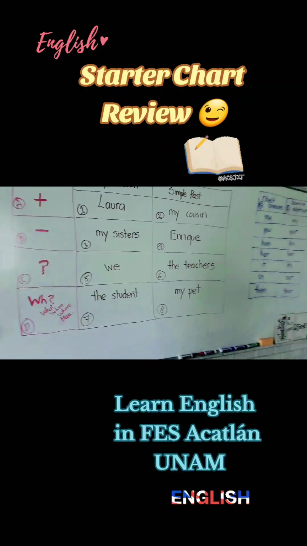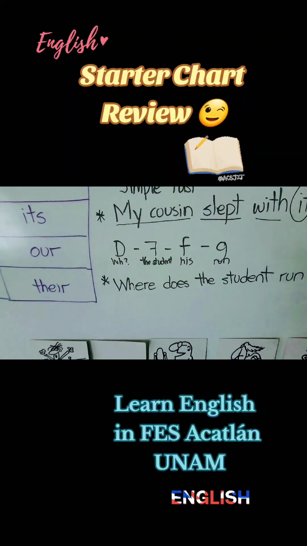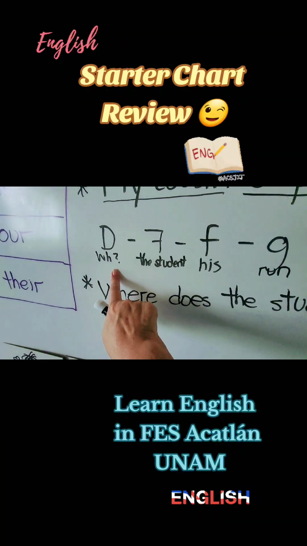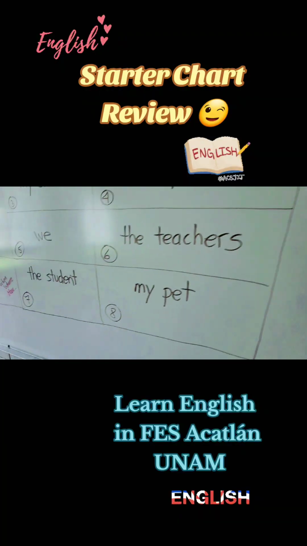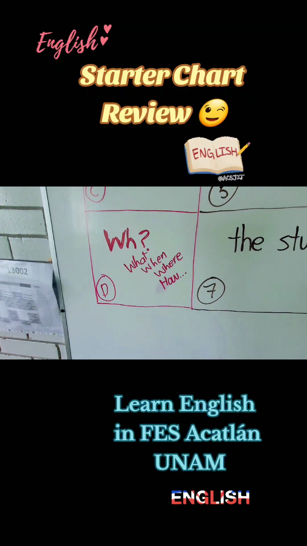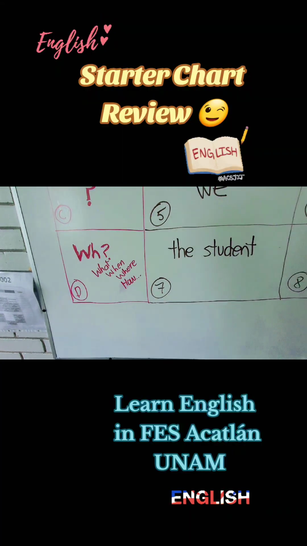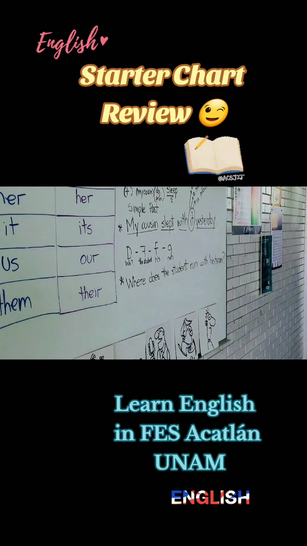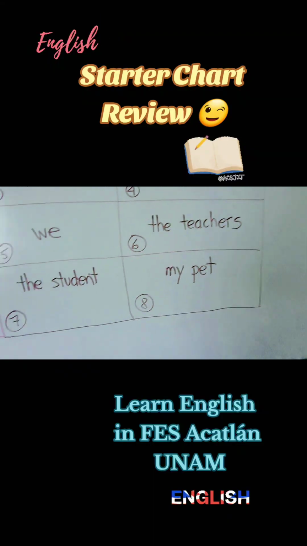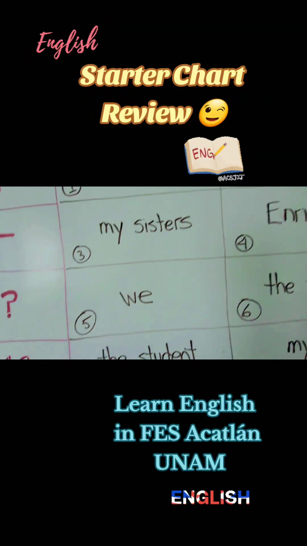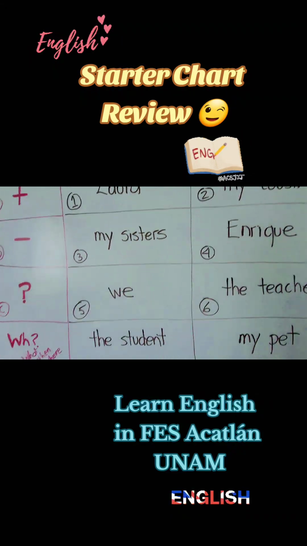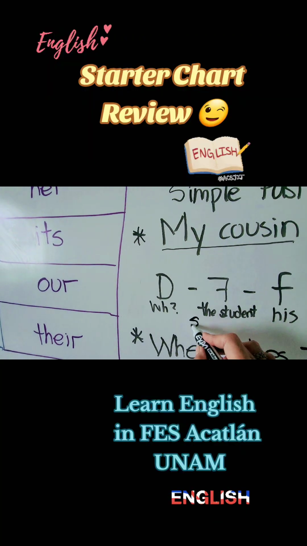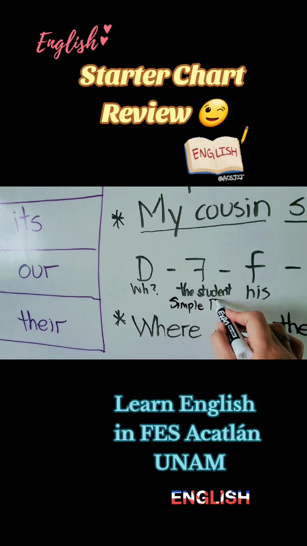Now let's do another example. Okay, we have another example. So it is D. And in the chart, we check that D is the WH questions: why, where, when. Then we have 7, okay? Over there it says 7, and 7 is the student. And that is in the column of the simple present.